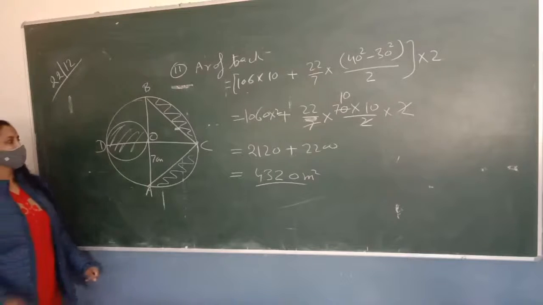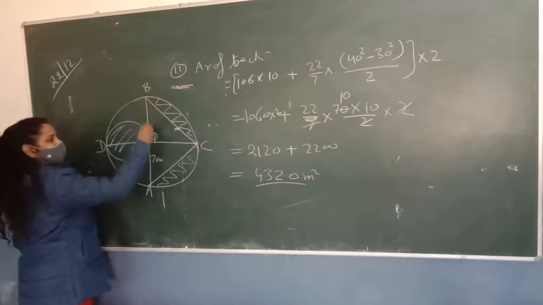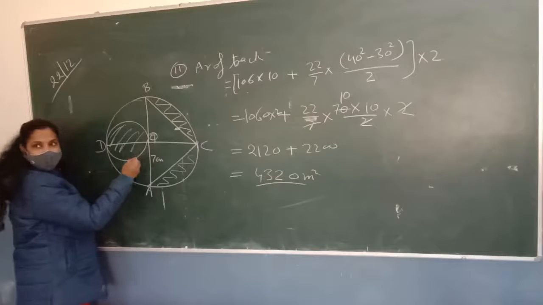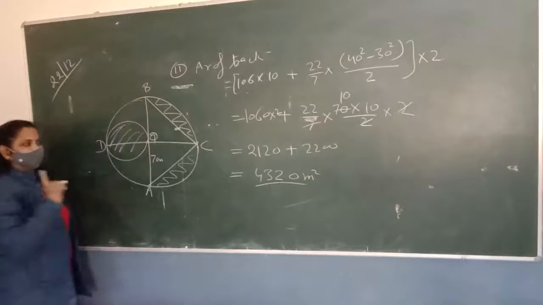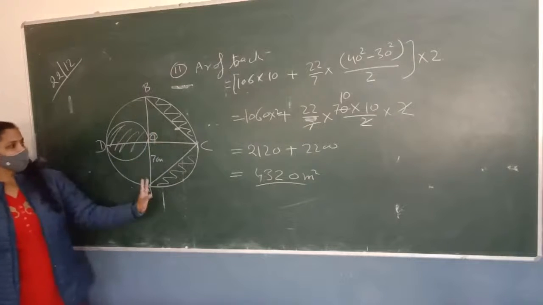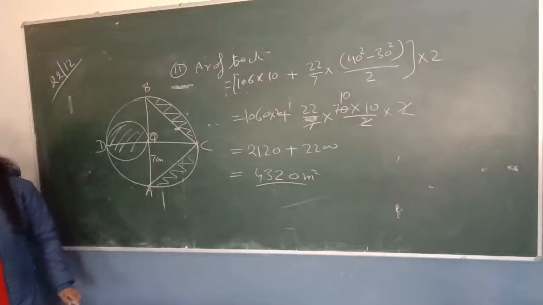Very good. For this triangle, the base is 14 centimeter and the height is 7 centimeter. So we can easily find the area of the triangle. Okay, good. So by subtracting the area of the triangle from the semicircle, we will find the area of the shaded portion.